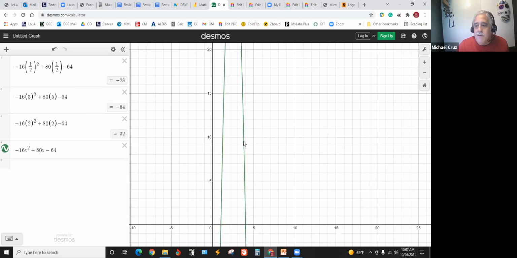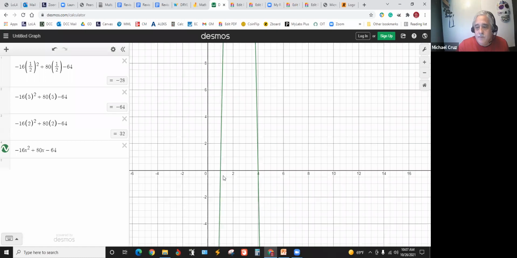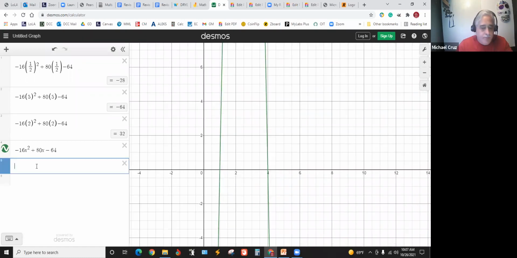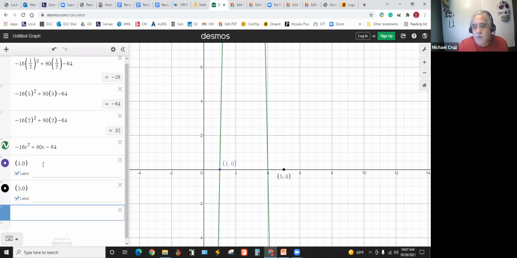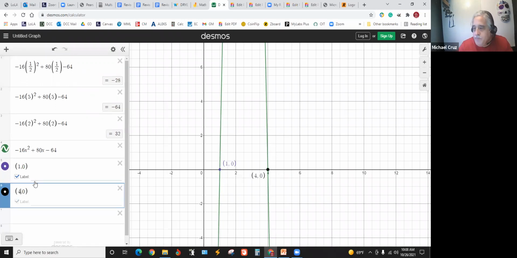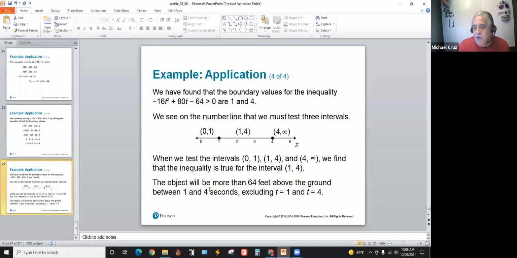That's where it's above from 1 to, oops, it was 4. So see, that's what that's telling us, okay? Like I said, it's a simple way to deal with quadratics or any kind of function to solve things. And like I said, this is a perfect application.